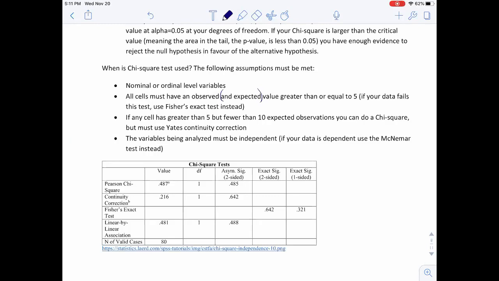So it gives you these three, potentially four, but we didn't talk about this one. And it's your job to pick which one is appropriate: chi-squared, Yates continuity correction, or Fisher's exact test. So you have to look at your data and decide, do I have a cell that has less than 5? Then I have to use this row.